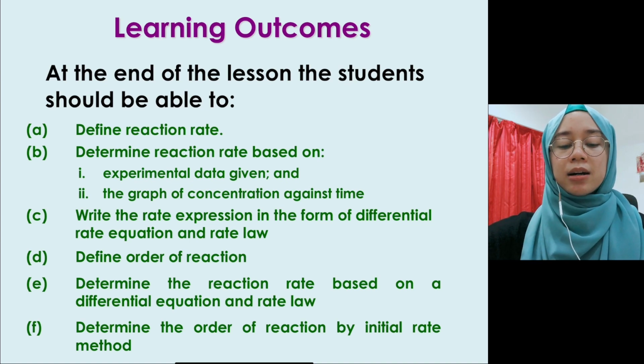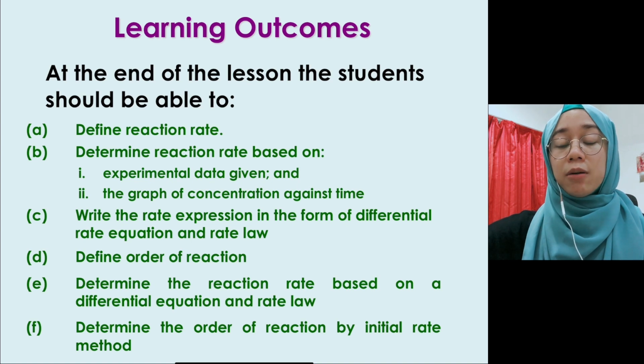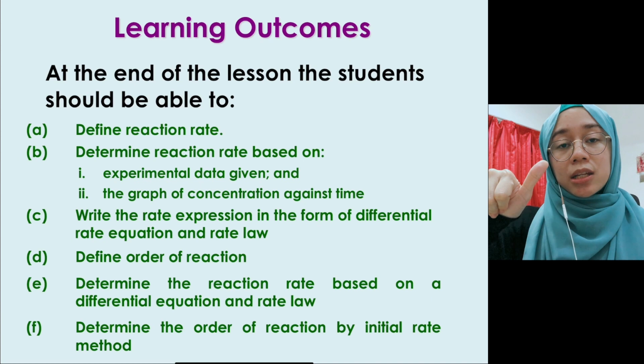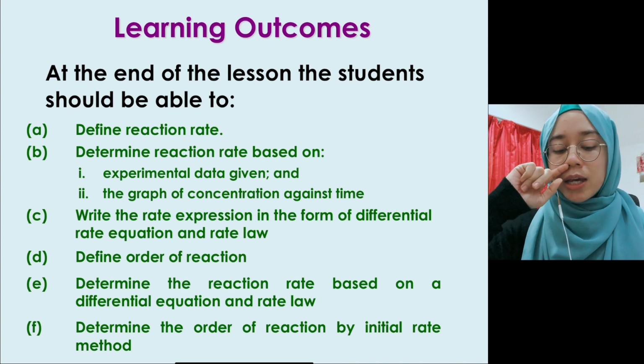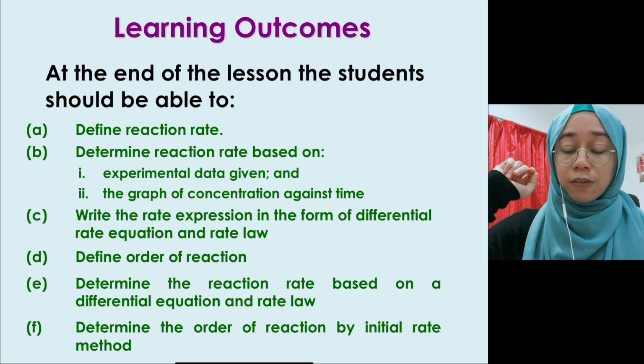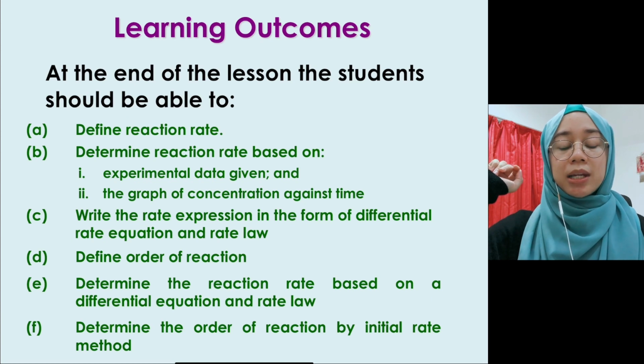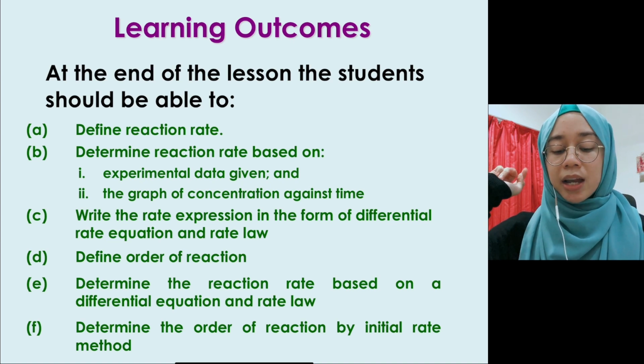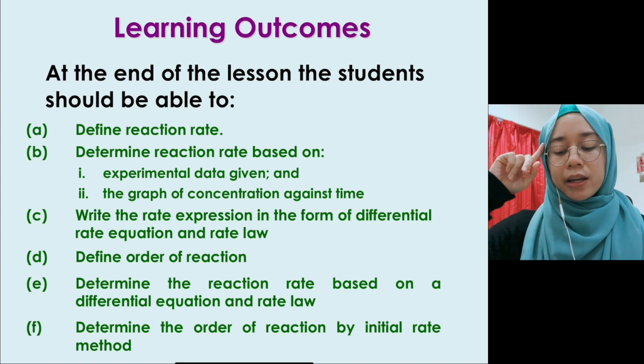And then C, we are going to write the rate expression in the form of, ada dua benda, the differential rate equation, and satu lagi adalah rate law. Okay, and then D adalah to define order of reaction. E is to determine the reaction rate based on the differential rate equation and also the rate law. And then F, kita akan masuk kepada how to determine the order of reaction by initial rate method.